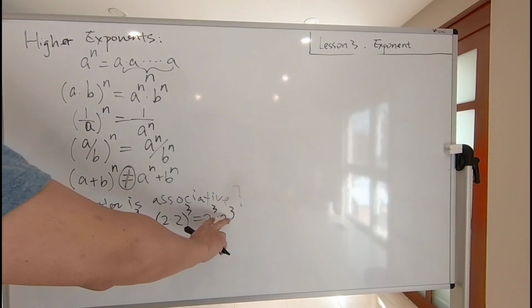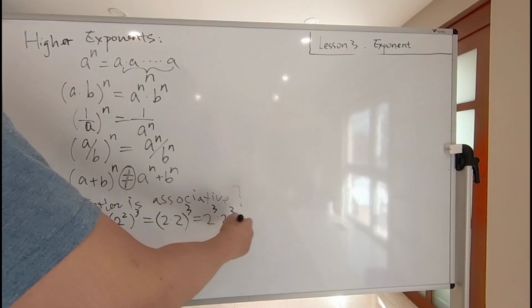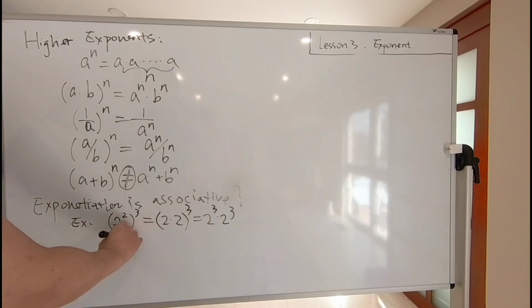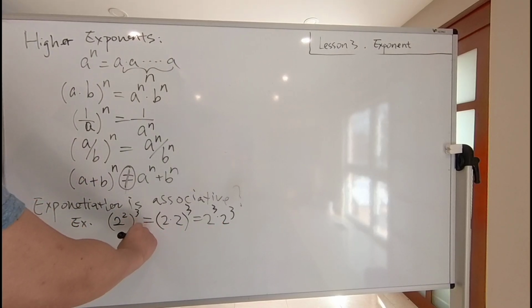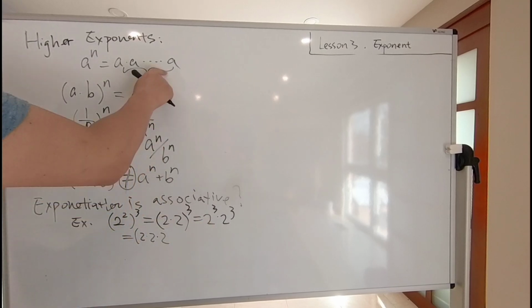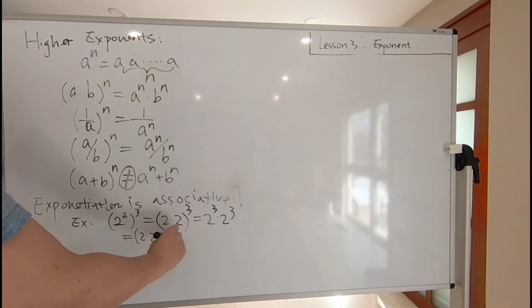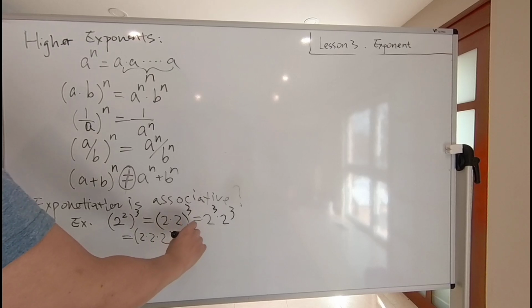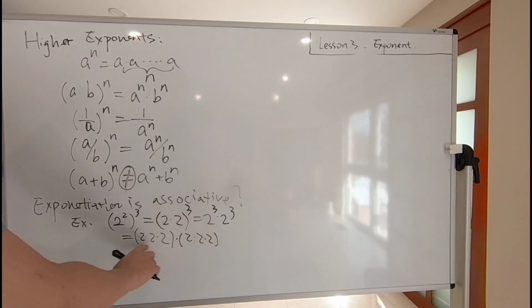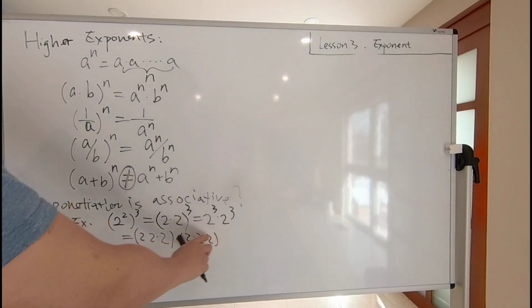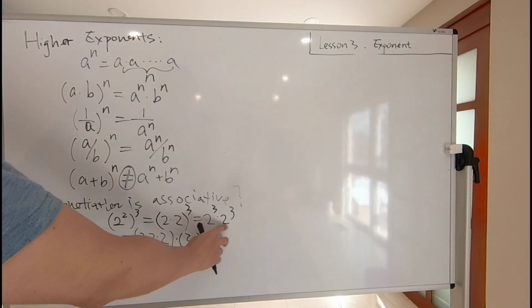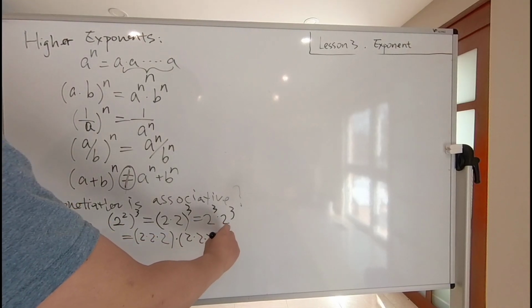Again, I can expand the power into multiplications based on the most basic definition. I can write this as 2 times 2 times 2 from the first term, and then another 2 times 2 times 2 from the second term.